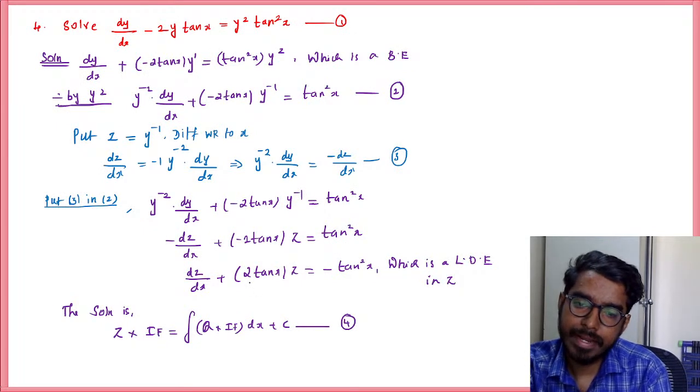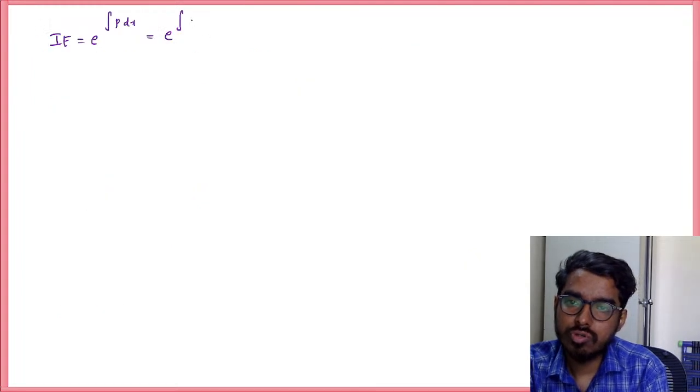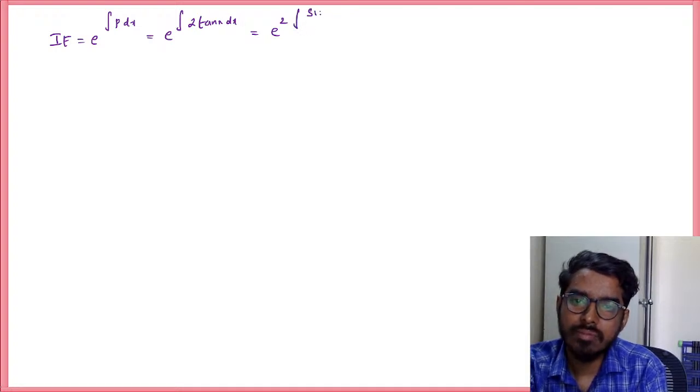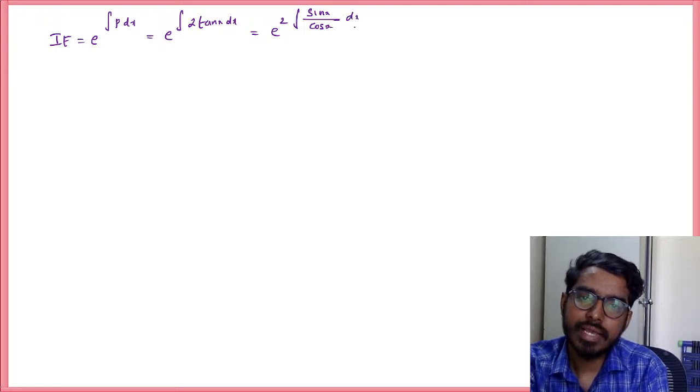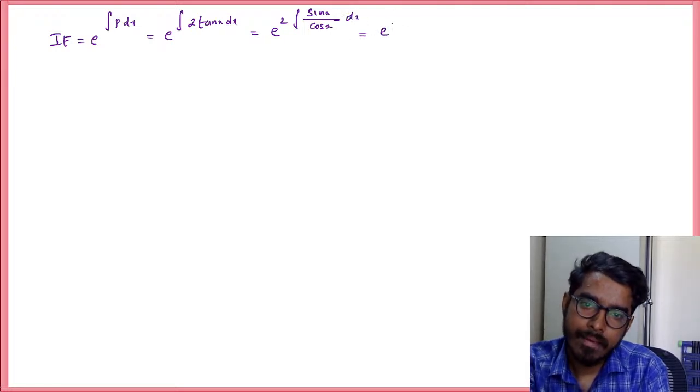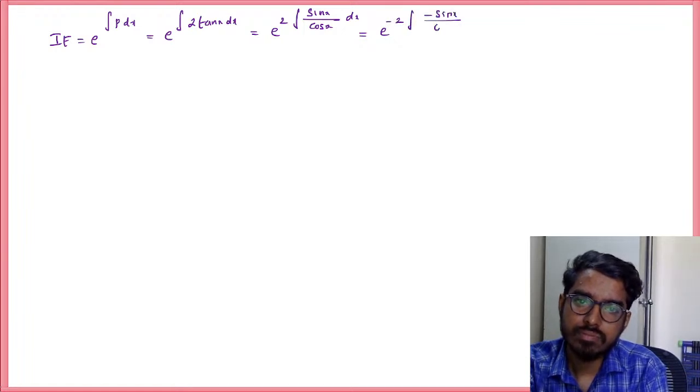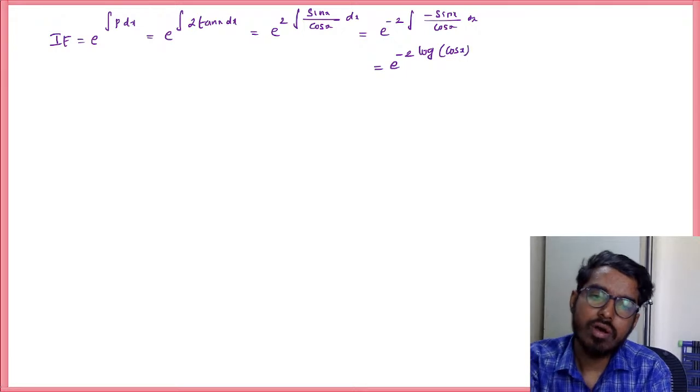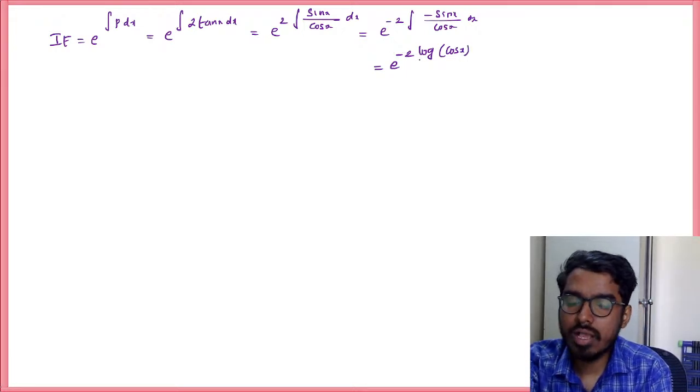So p is 2 tan x, so e power 2 times integration of tan x dx, which is log cos x, right? Sin x by cos x dx. Derivative of cos x is minus sin x, so minus is missing. We will multiply by minus. So this will be e power minus 2 log of cos x.